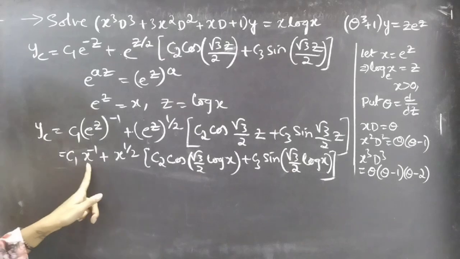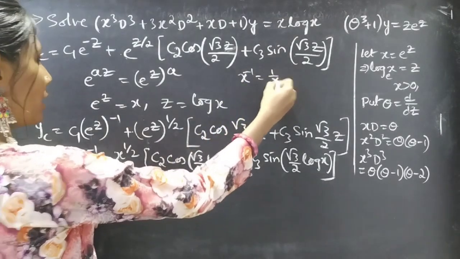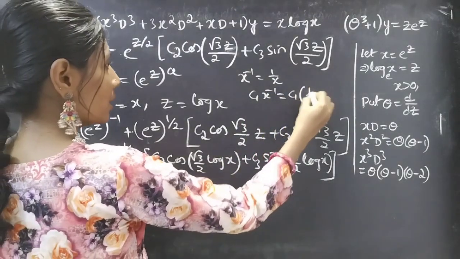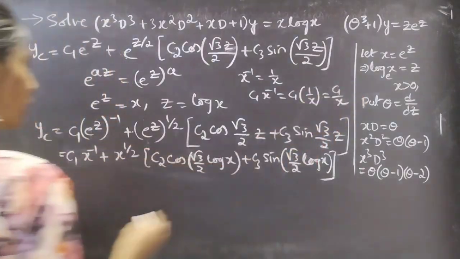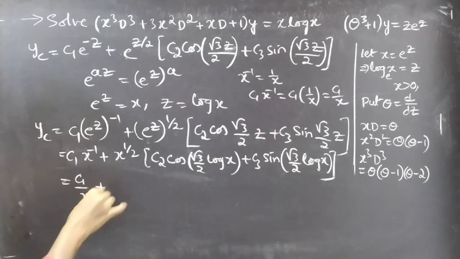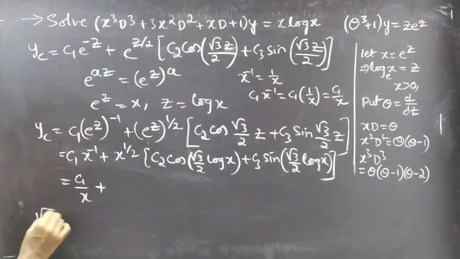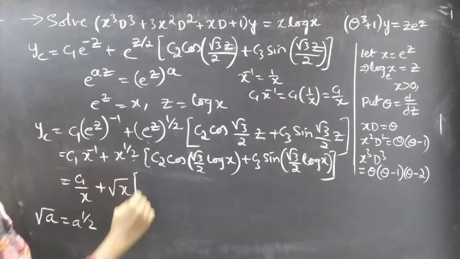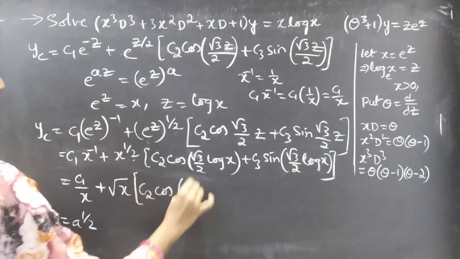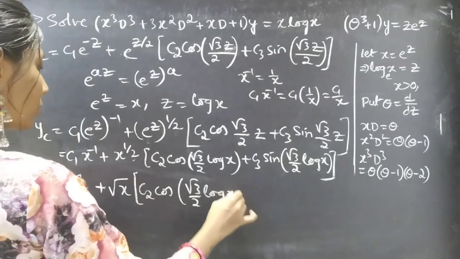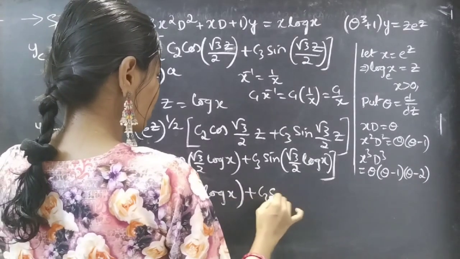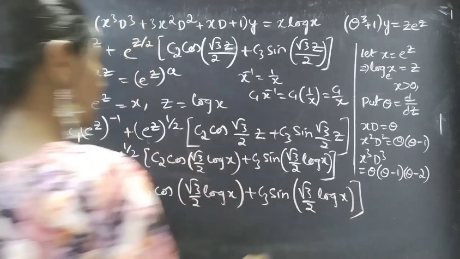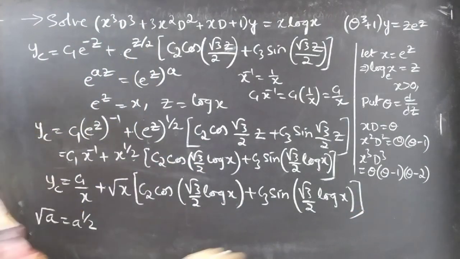Or we know that x inverse is 1 by x, then the first term becomes c1 by x plus, also we know that square root of a equal to a power 1 by 2, then we can write x power 1 by 2 as square root of x into c2 cos of root 3 by 2 into log x plus c3 sin of root 3 by 2 into log x. This is our required yc.